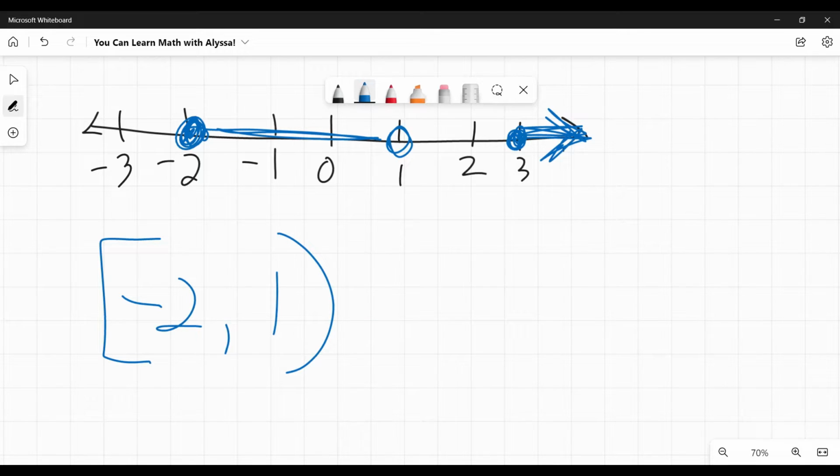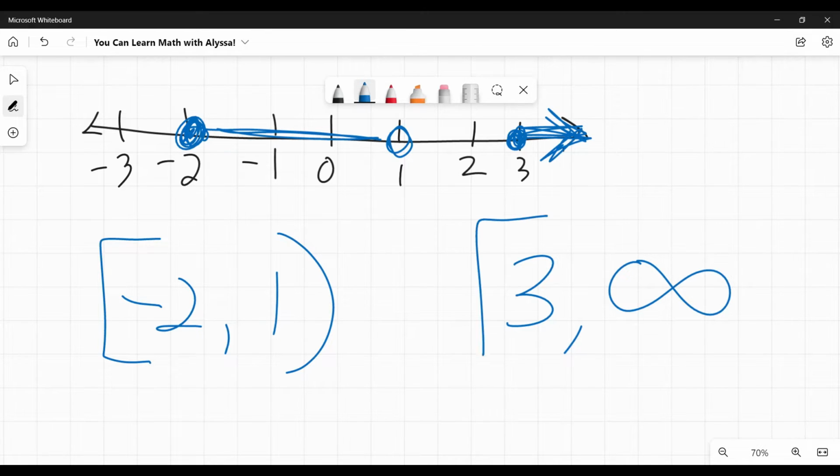Over on the right-hand side, it starts at 3 and goes to the right forever. So our boundaries are 3 and infinity. 3 is a closed circle there, so it'd be x is greater than or equal to 3. So we get a bracket. And always when it is infinity or negative infinity, we use a parentheses.